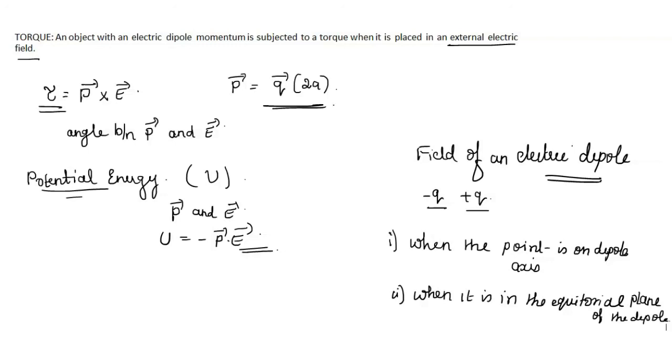So this is all about the electric dipole, and I will continue to derive the equations to calculate electric field due to two point charges along the dipole axis and along the equatorial plane in my upcoming videos.